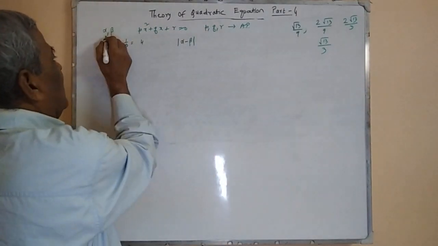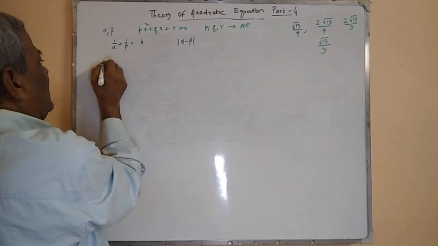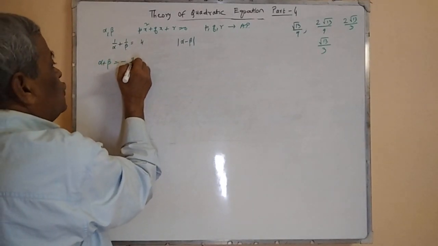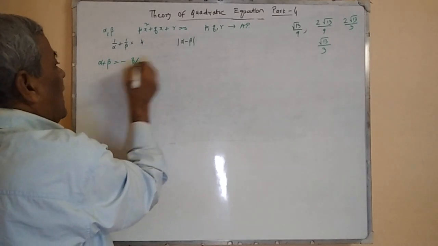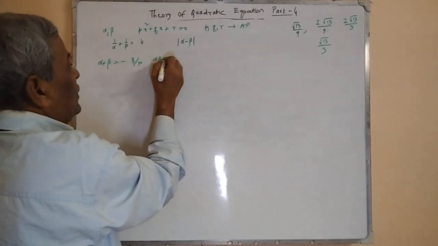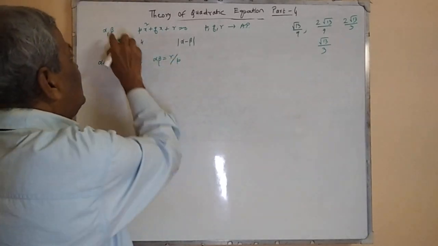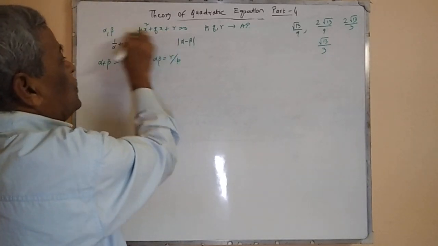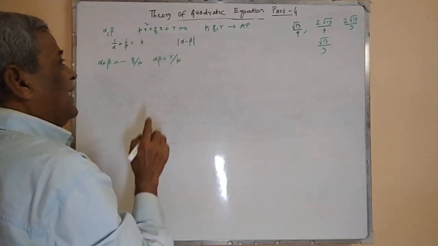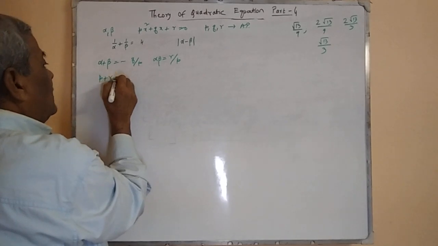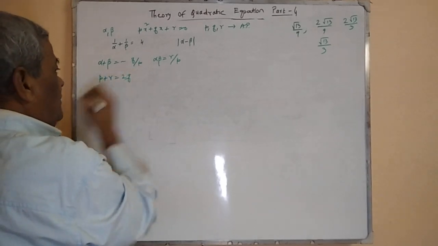So given that these are the roots of that, therefore alpha plus beta is equal to minus q by p, alpha beta is equal to r by p. So these are given from this equation. So once again, p, q, r are in AP, that is p plus r is equal to 2q.